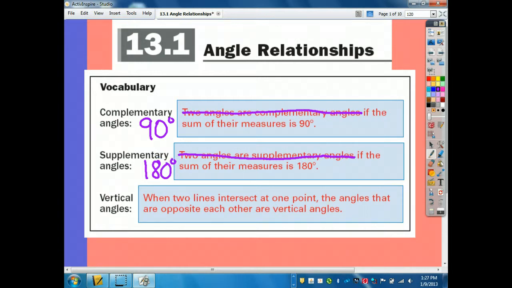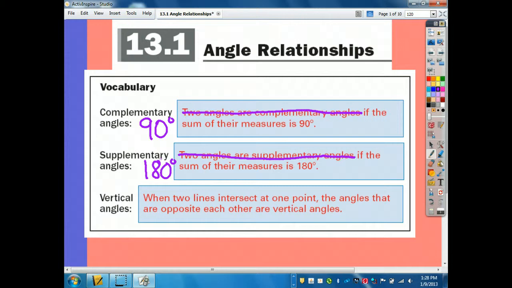Sometimes when you get to a test or a quiz, people panic and get test anxiety. Oh shoot, I used to know this. I forget which one's 90, which one's 180. Well, here's a little hint. If you go to McDonald's, you ask for your meal to be giant size. We ask it to be what?